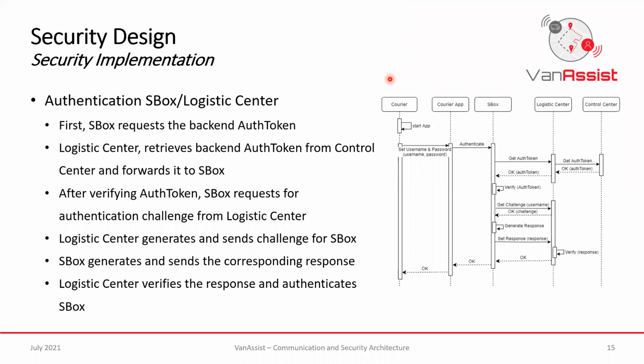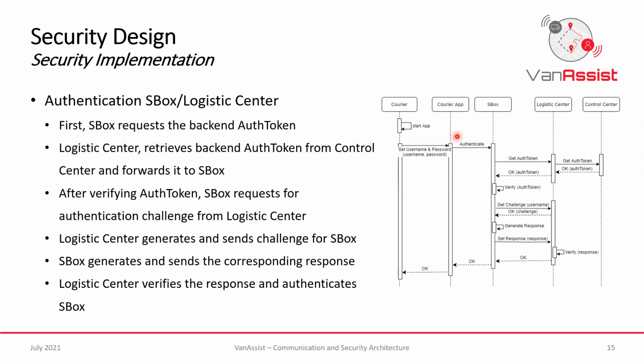For the authentication of SBox and logistics center, as you can see here in the sequence diagram, when the app starts, the courier sends the username and password to the courier app, and the courier app sends an authentication request to the SBox.